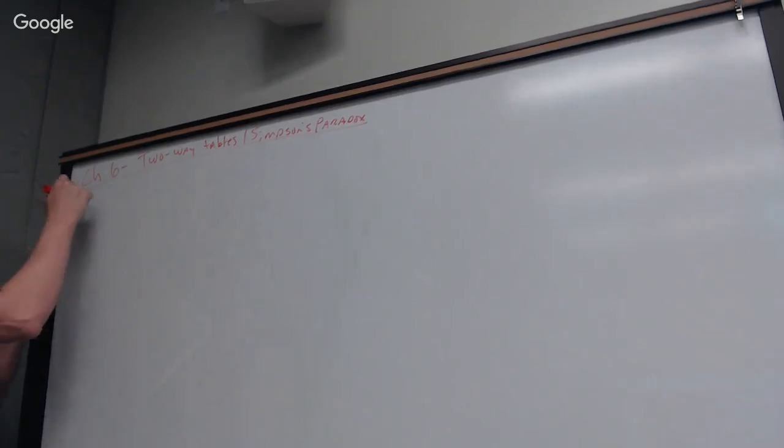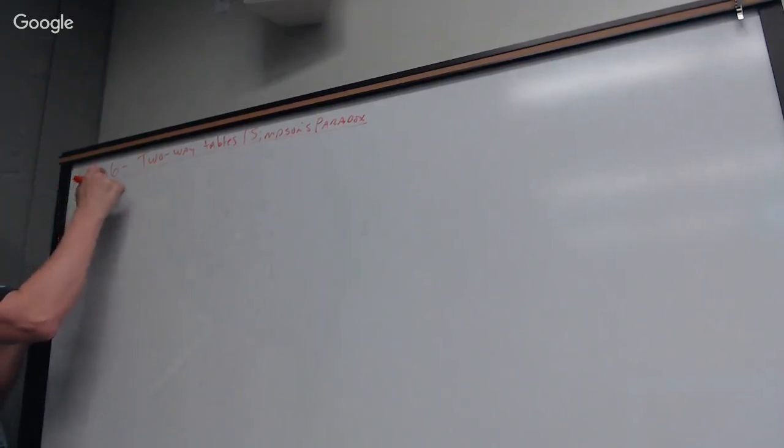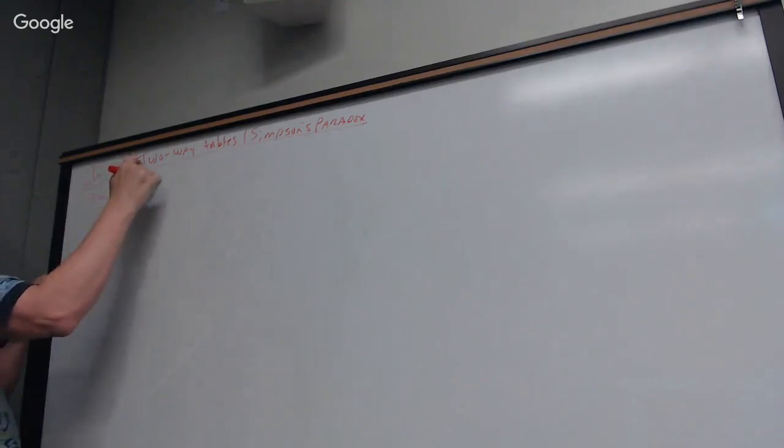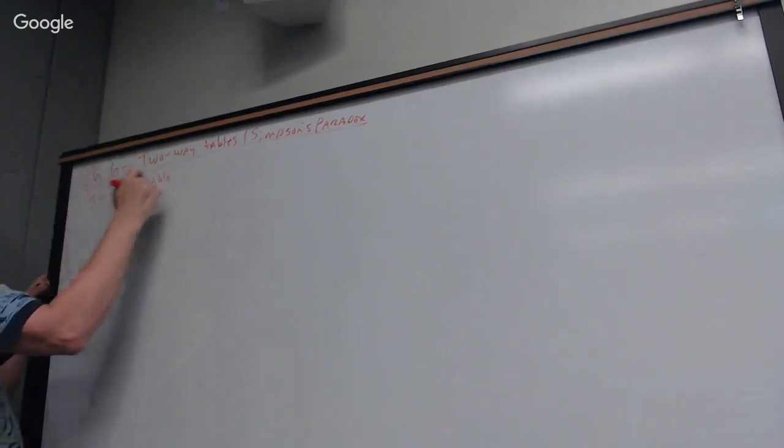Okay? So let's talk a little bit about what is a two-way table. Now the funny thing is I've already introduced this to you, but I didn't formally define it last time.